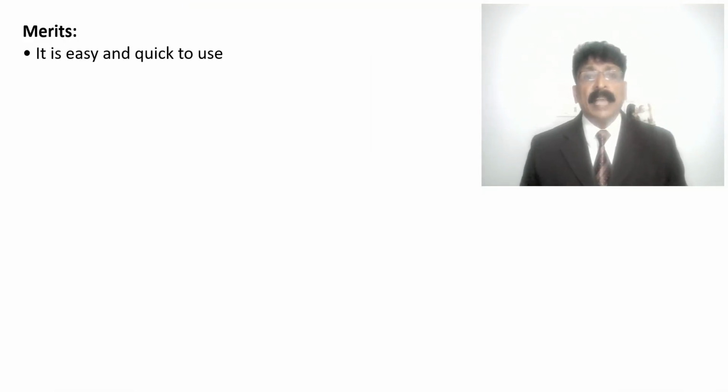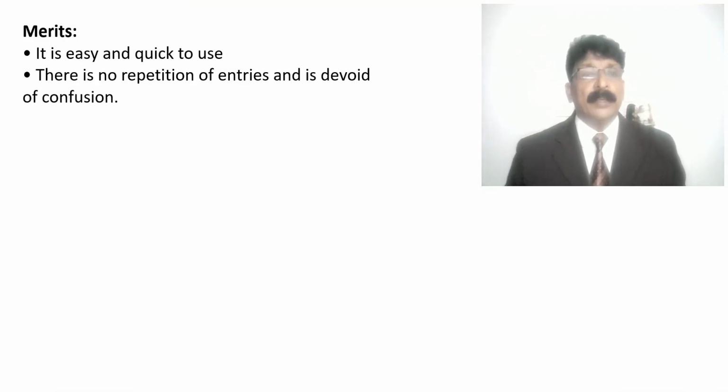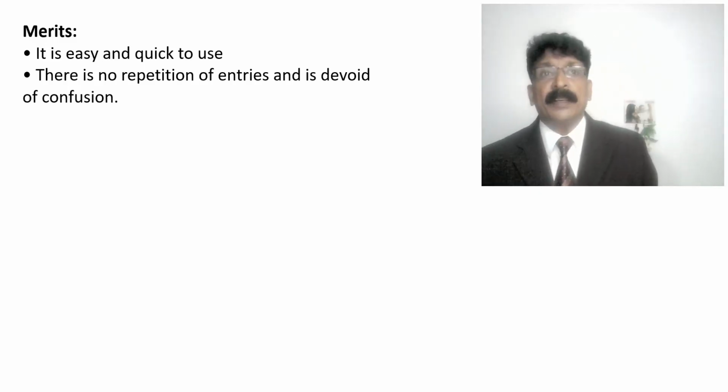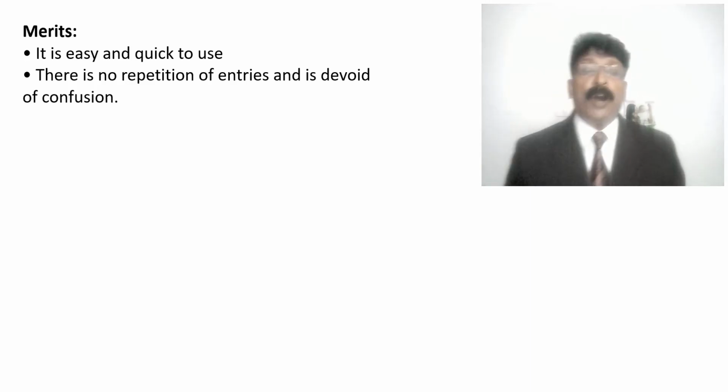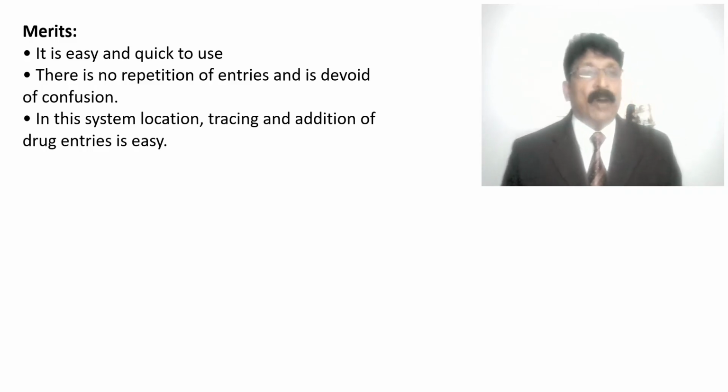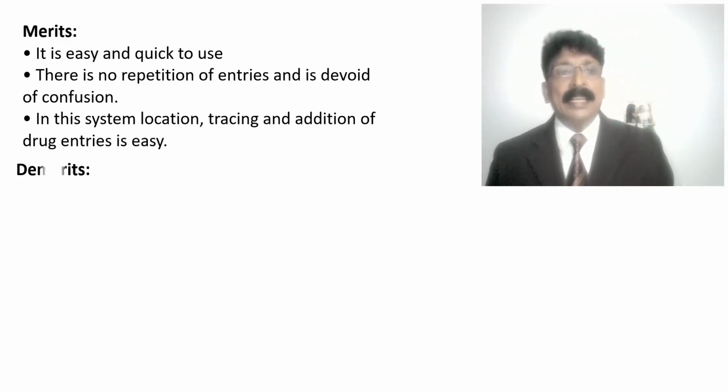Merits: it is easy and quick to use. There is no repetition of entries and it is devoid of confusion. In this system, location, tracing and addition of drug entry is easy.